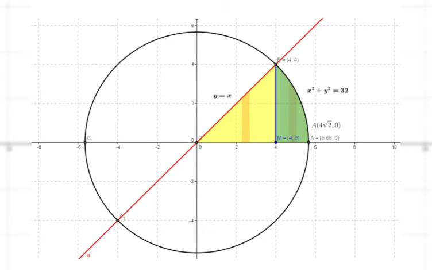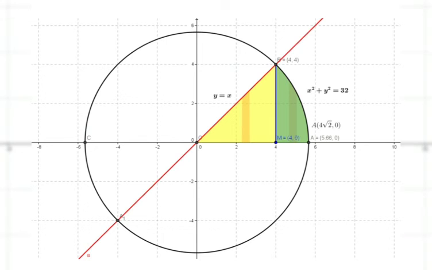times dx. So whenever you are integrating to find out the area of the region shown in yellow color, y is always equal to x.